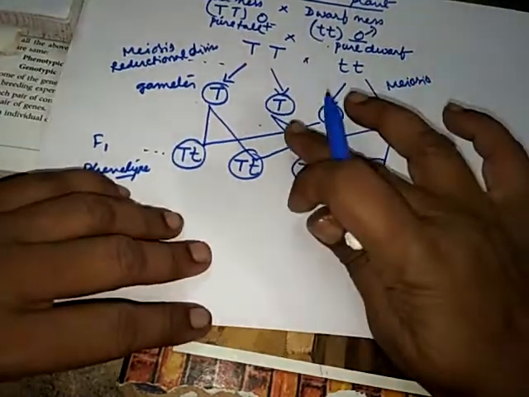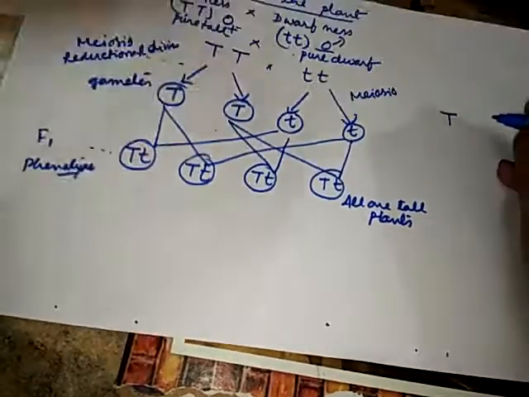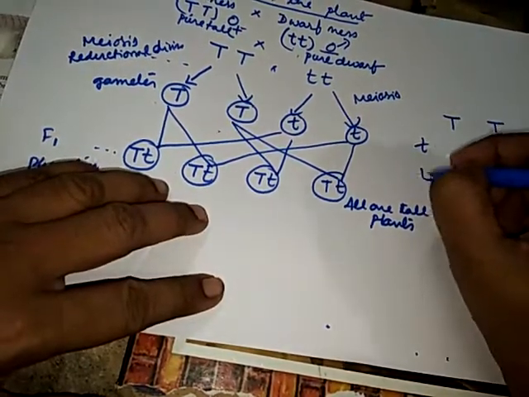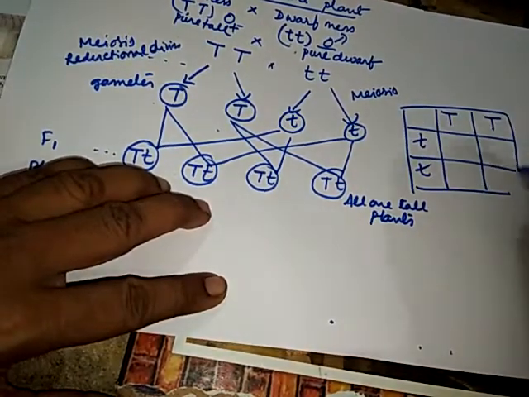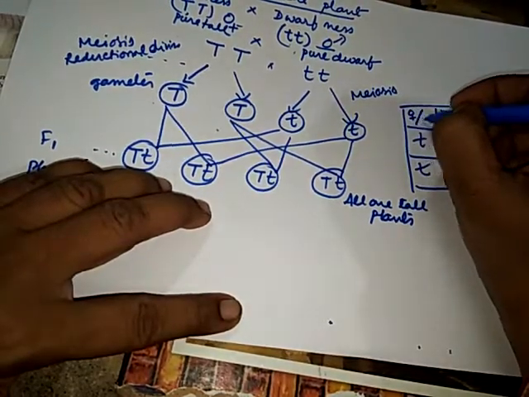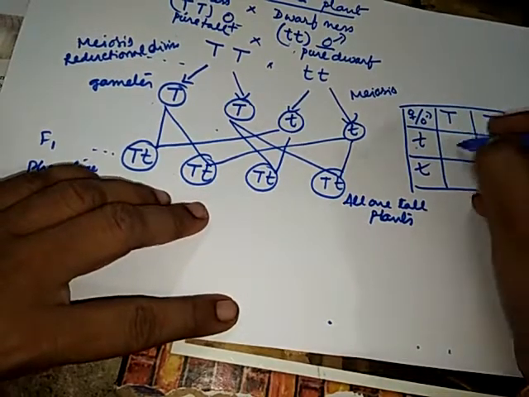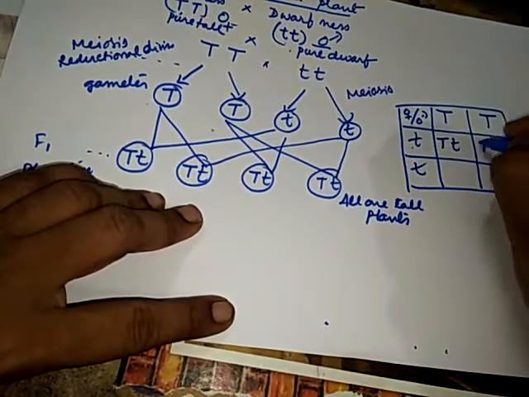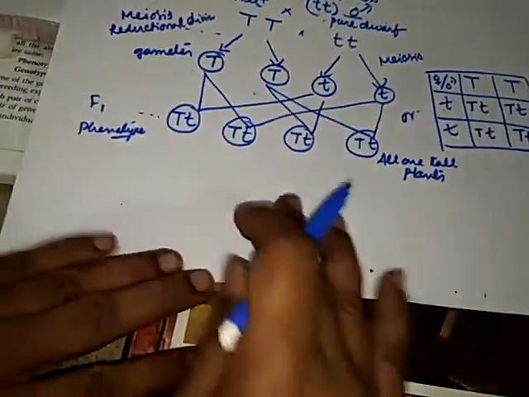If you find it difficult to do it like this, you can go for a table also. So this is female versus male. You can take each gamete with the other gamete, fusing to form the zygote. Either way you can do it, and this is all the tall phenotype of the F1 generation.